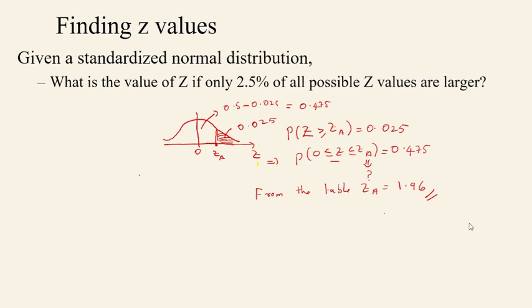So that means the probability of Z greater than or equal to 1.96 is equal to 0.025. Right?